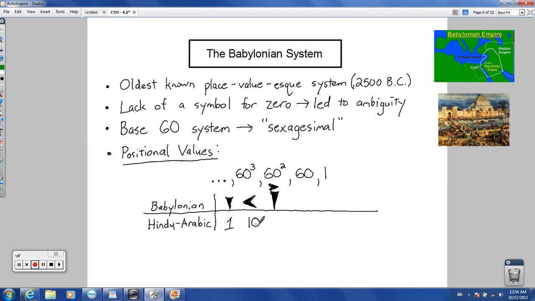But if you see something like that, that's not a number. That means you're supposed to subtract things. And then if you see a gap between these things written together, that implies that you have a different place value.